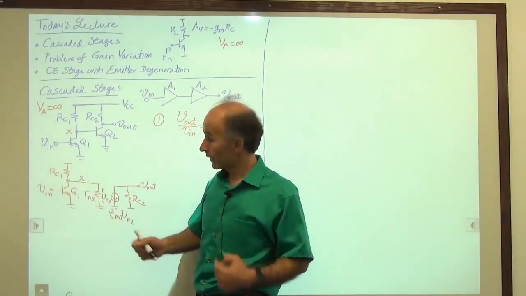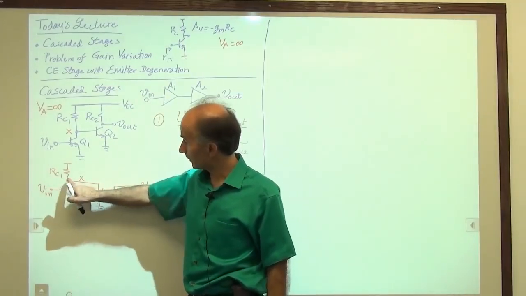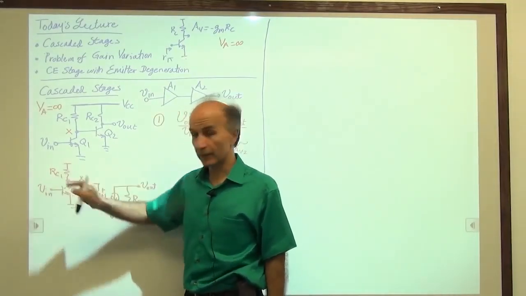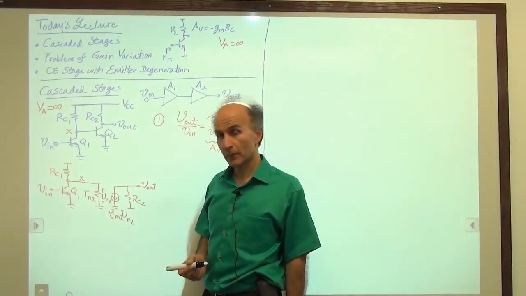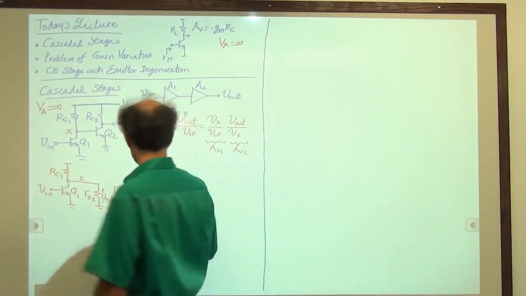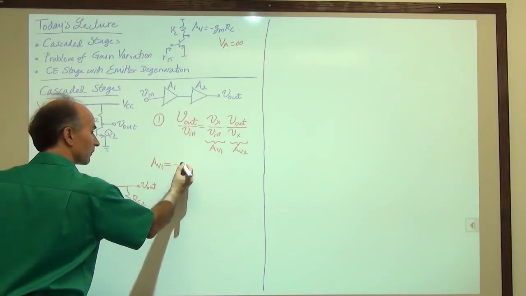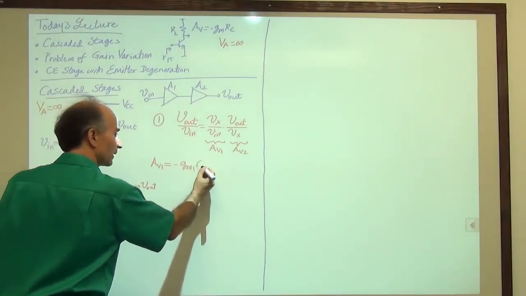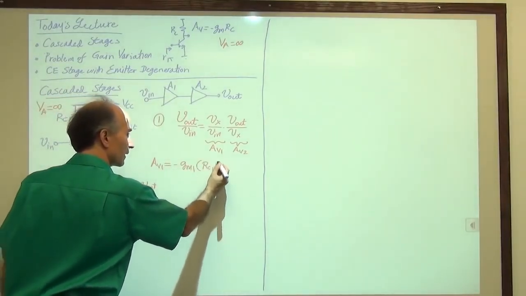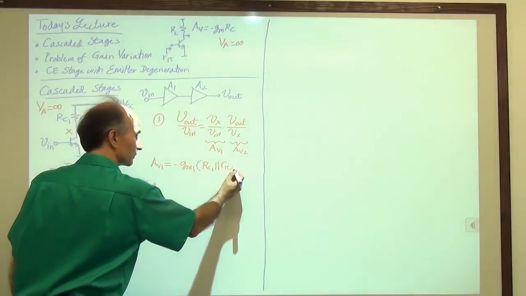They are in parallel because they share these terminals and they share these terminals. So that tells us that AV1 is equal to minus GM1 times RC1 in parallel with R pi 2.